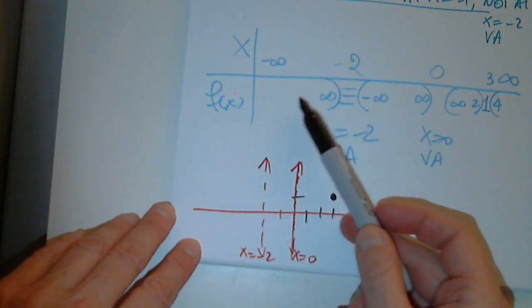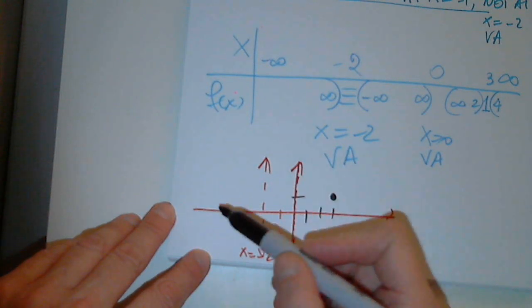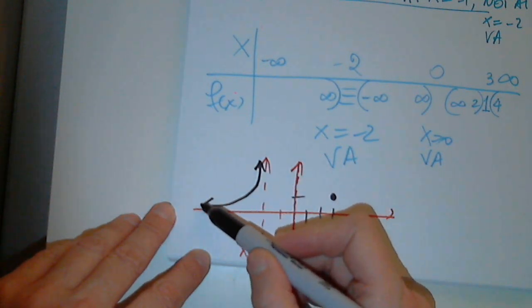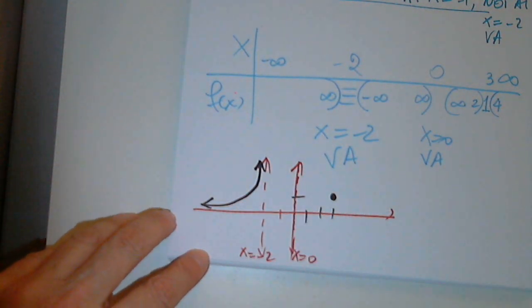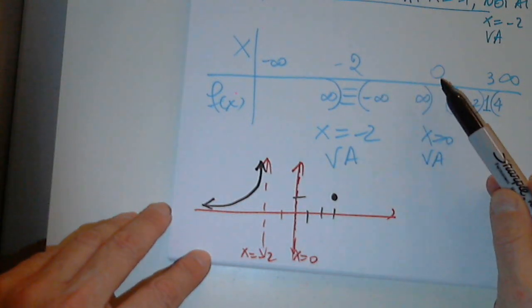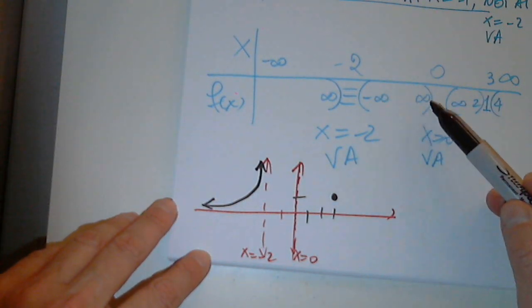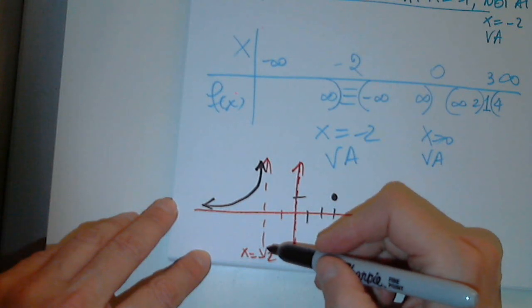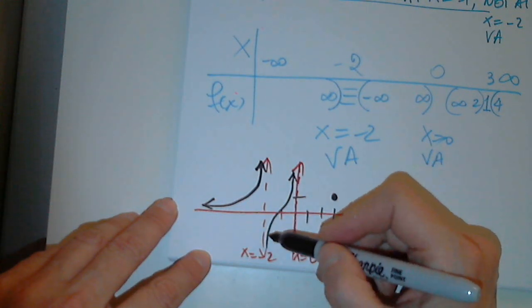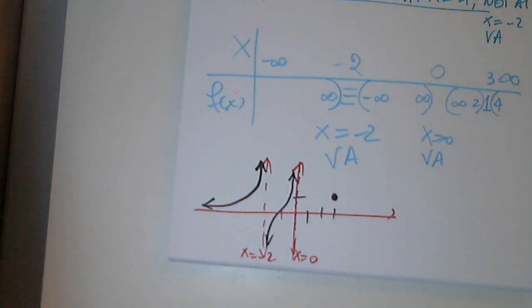I don't care about anything on the left-hand side, that's my choice. Then in between -2 and 0, it's coming from -infinity going to +infinity. I decided to make it a continuous function, but you don't have to. You can break it anywhere you want.